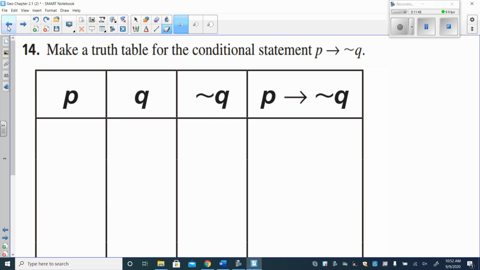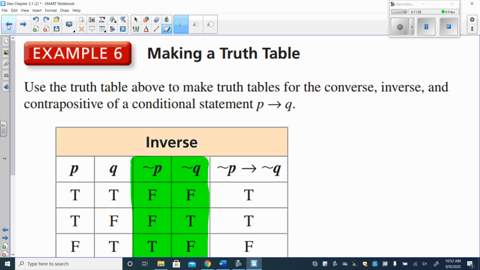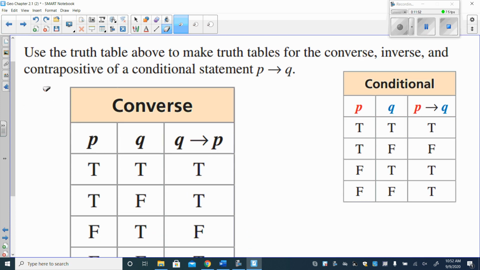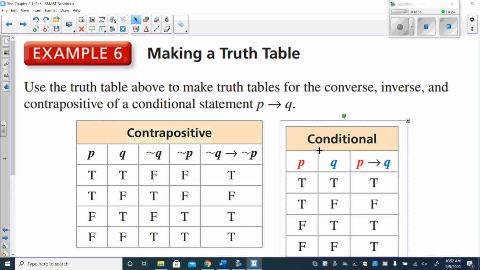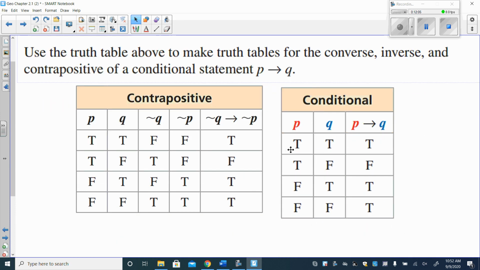We're not going to worry too much about these other tables, but one thing I want to draw attention to is that the conditional statement and the contrapositive were told to us to be the same. Well, let's look at the overall truth table values. True, false, true, true. True, false, true, true.